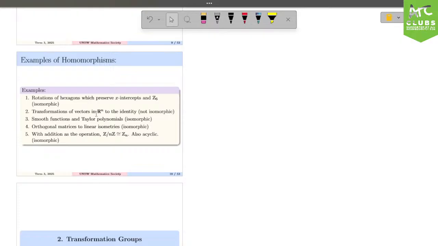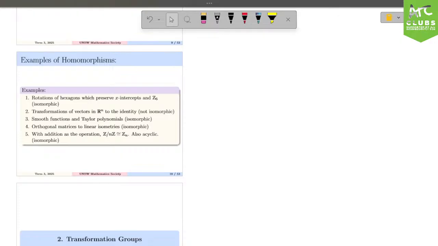Now, a multiple of 60 degrees is, in other words, just saying 60 degrees modulo 360 degrees, or just Z6. In the same way that 1 plus 5 is 0 in Z6, if we rotate by 2 pi, or 360 degrees, in a hexagon, we just get the same hexagon with no changes. It's fixed pointwise. Note that this is also isomorphic to the 6th roots of unity.